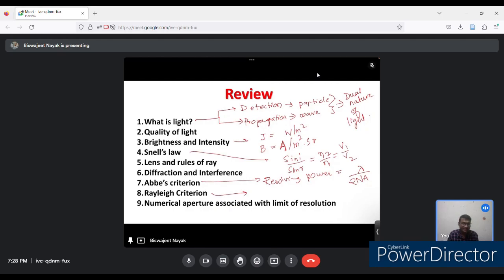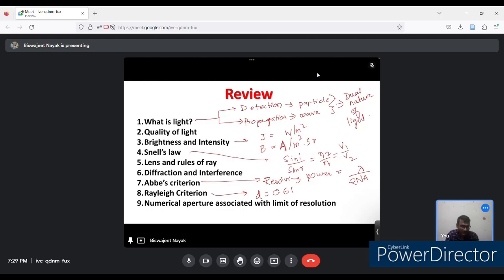After that only we will be able to resolve it, right? So this is given by d equals 0.61 lambda by beta. Here beta is the numerical aperture, and d is the minimum distance between 2 points.